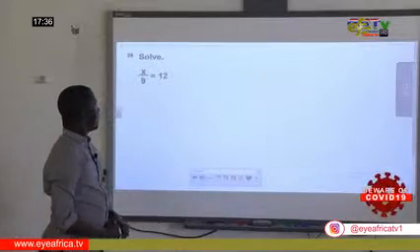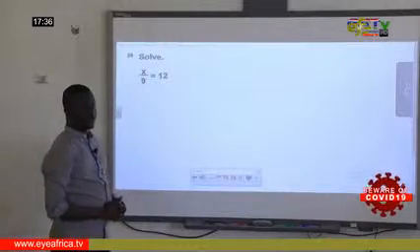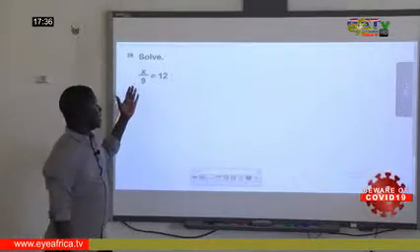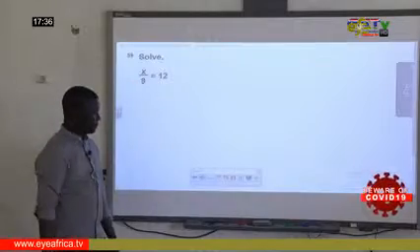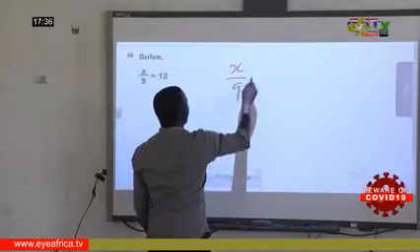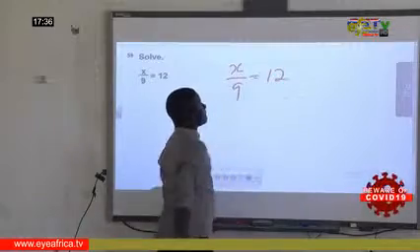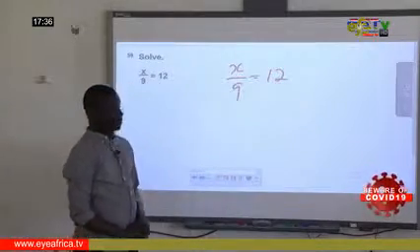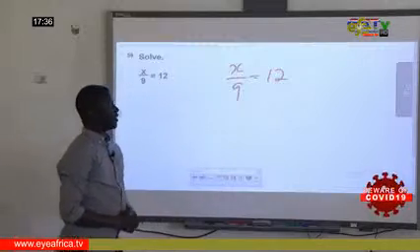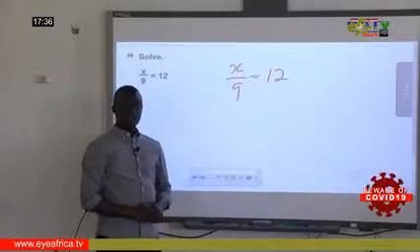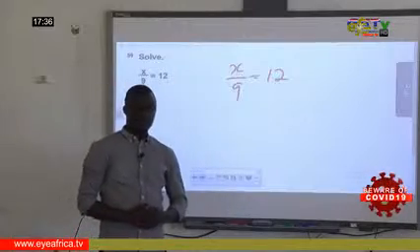Solve x over 9 equals 12. The operation at hand here is a division. As I said, the operation we have here is a division. So therefore, the inverse of division is multiplication.